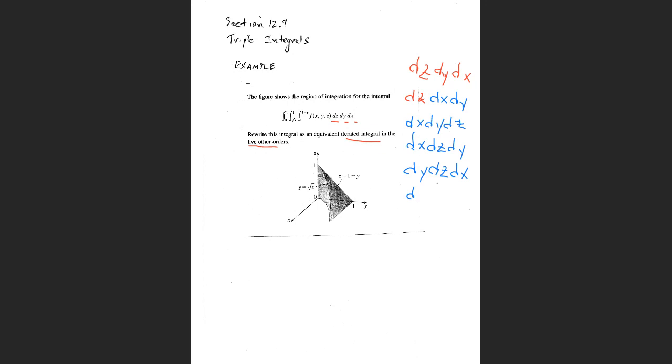And then you could have dy dx dz. So they've done the dz dy dx for you. They want you to find these other 5 iterated integrals.